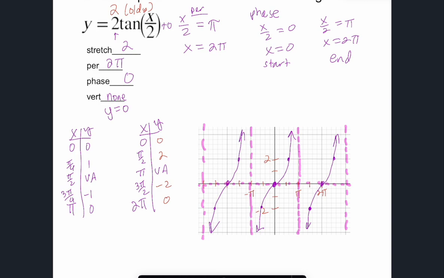If it's above the midline, that is the part of the cubic that's going up. So you can see that a tangent graph is kind of weird. So that is our first tangent graph.